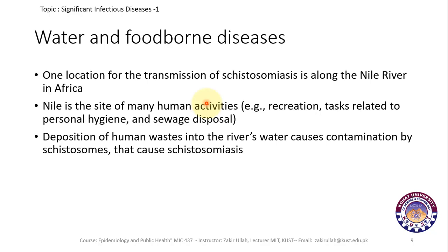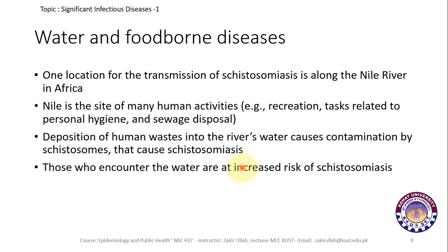So when human waste is deposited in that river's water, it causes contamination by schistosomes, which are the main causing agent of schistosomiasis. And those who come in contact with that water are at increased risk of getting schistosomiasis.